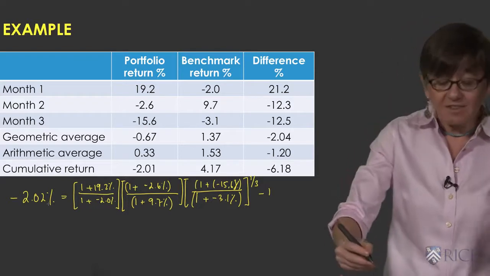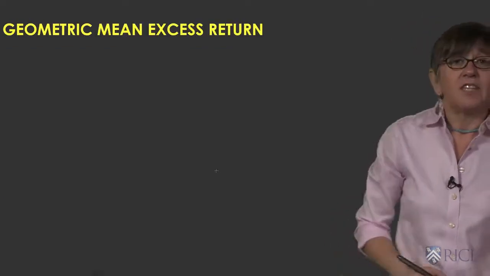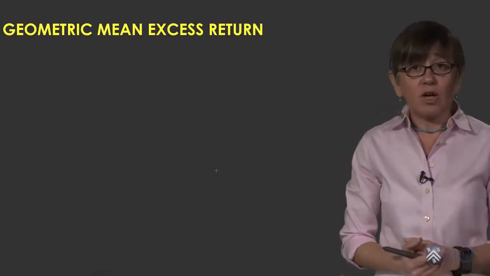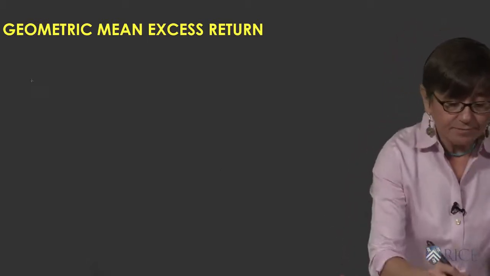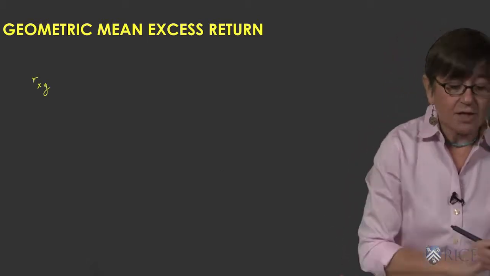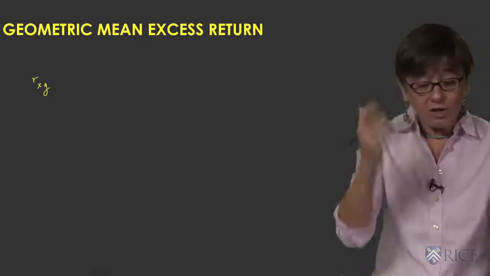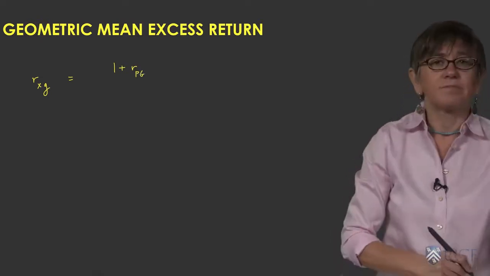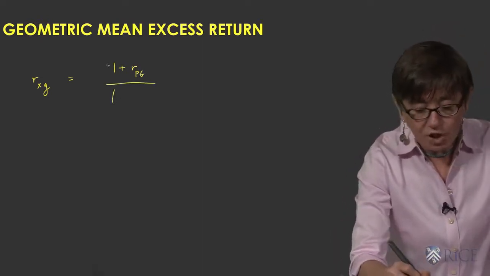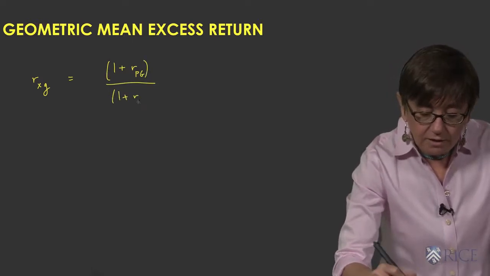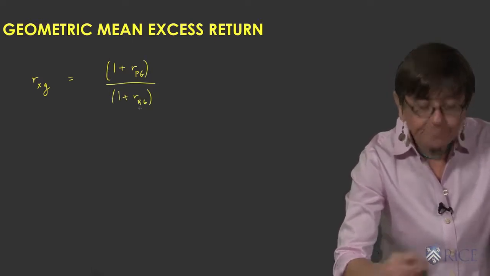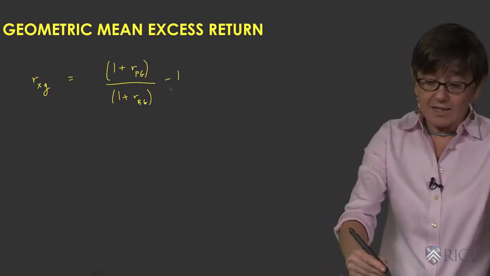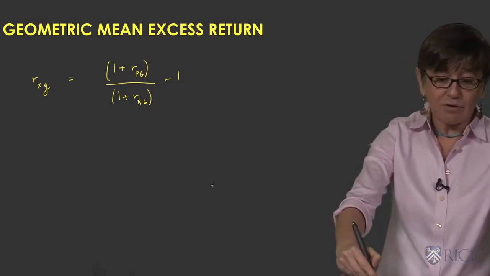Now, in fact, the relationship between the compound excess return and the geometric return can be written as follows: this is the geometric excess return. Take 1 plus the geometric portfolio return, divided by 1 plus the geometric benchmark return, minus 1.